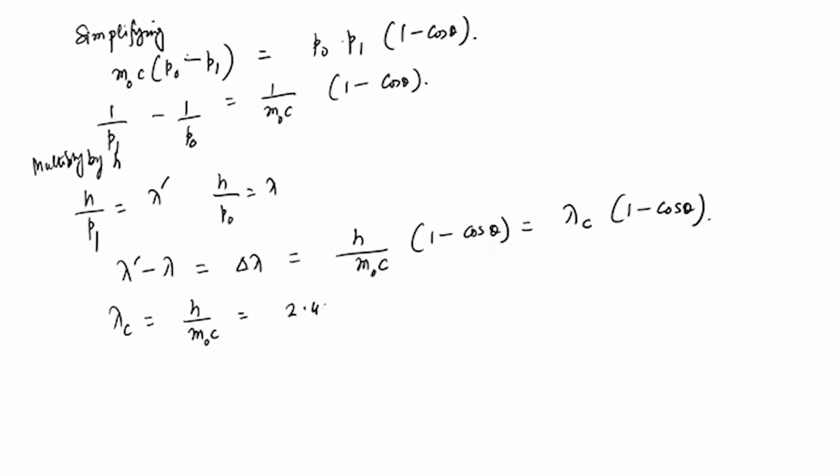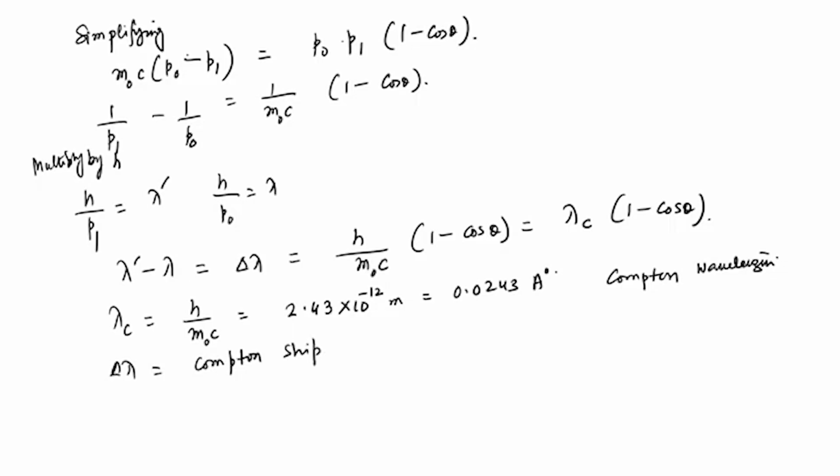This is 2.43 times 10 to the power minus 12 meter, equal to 0.0243 angstrom. Delta lambda is called the Compton shift, because Compton performed this experiment.